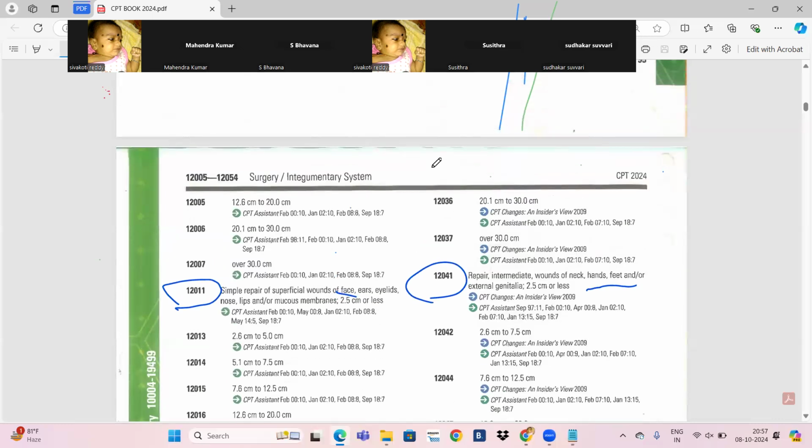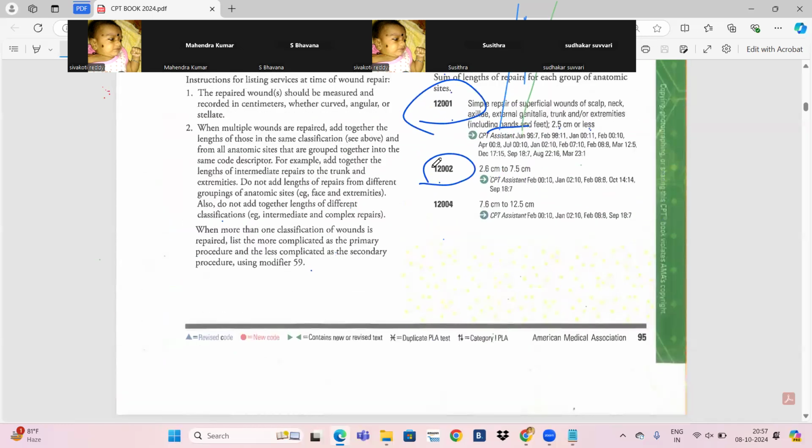No, when we are coding different procedures, the guideline clearly mentions distinct procedures, each one. That's why you are using the 59 modifier. One is simple and one is intermediate, so that's why we are using the modifier.